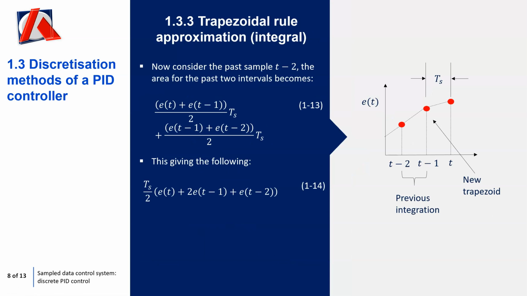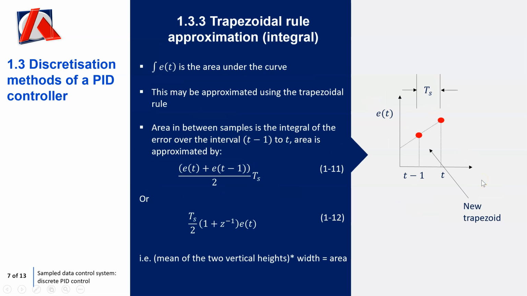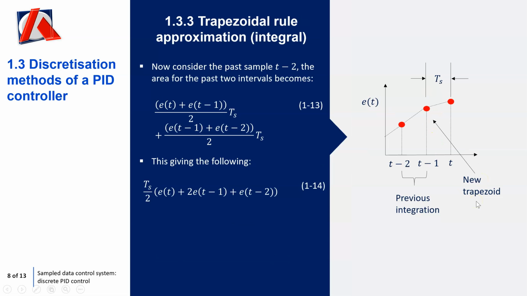So what we're looking at now is our new trapezoid. If we go back to the previous, you'll see we worked out the area of that. And effectively we've taken another sample, and the previous one now becomes our previous integration, and now we've got a new trapezoid, because you've got t-1, t-2.